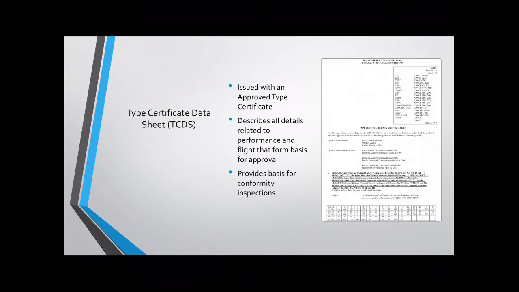If something is changed and there's no basis for supporting that change through a supplemental type certificate, then technically speaking, that is not the airplane that the FAA has certificated, right? So if I have, again, we'll use the example of this Piper Archer.